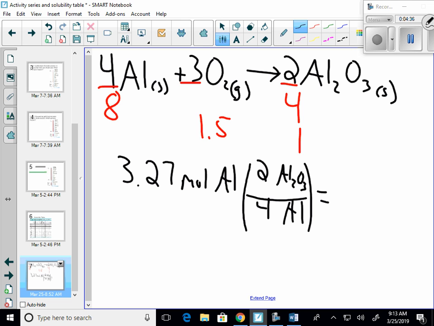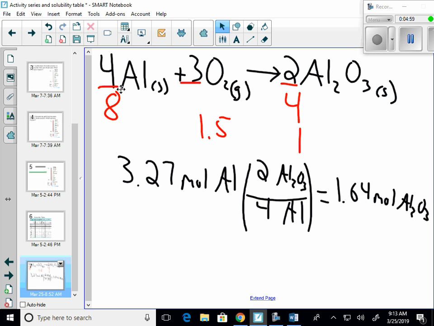Unlike the practice sheet I gave you last time, this gives you 3 sig digs, so I would report with 3 sig digs. So I'm not going to call it 1.635. I'm going to call it 1.64 moles of Al2O3.